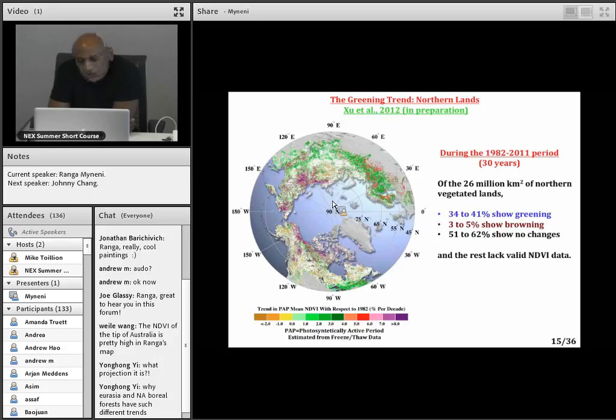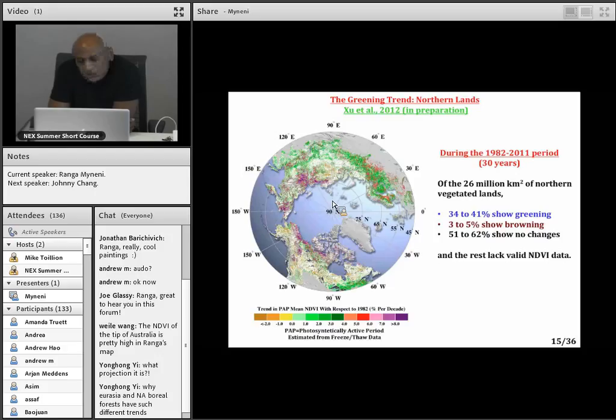But I will admit right away that I do not know the real answer. The simplest explanation is that in the Arctic and in the boreal region, vegetation growth is limited by temperature, and the warming of the past 30 years could be invoked to explain the greening trend.